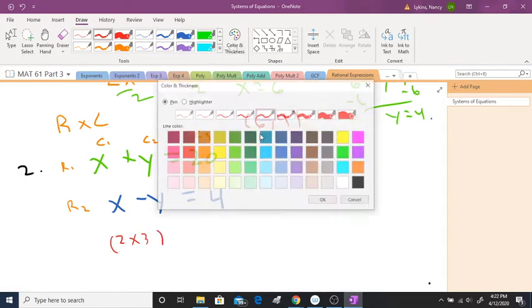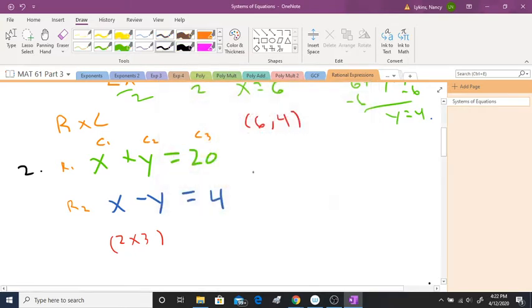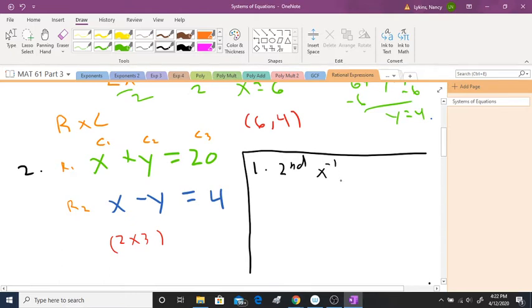Now, to do this by your calculator, the first thing you need to do is hit your second button and the little symbol x to the negative 1. That's on the left side of your calculator.